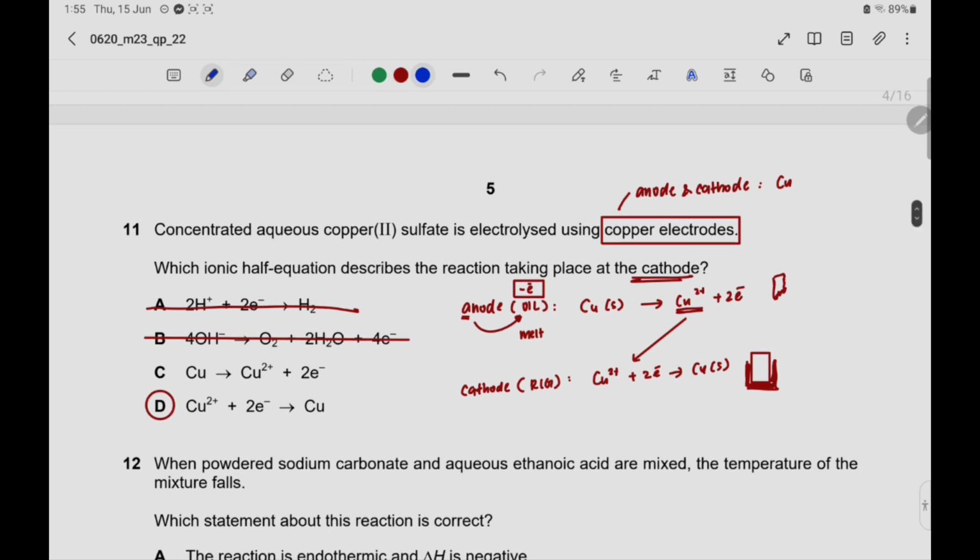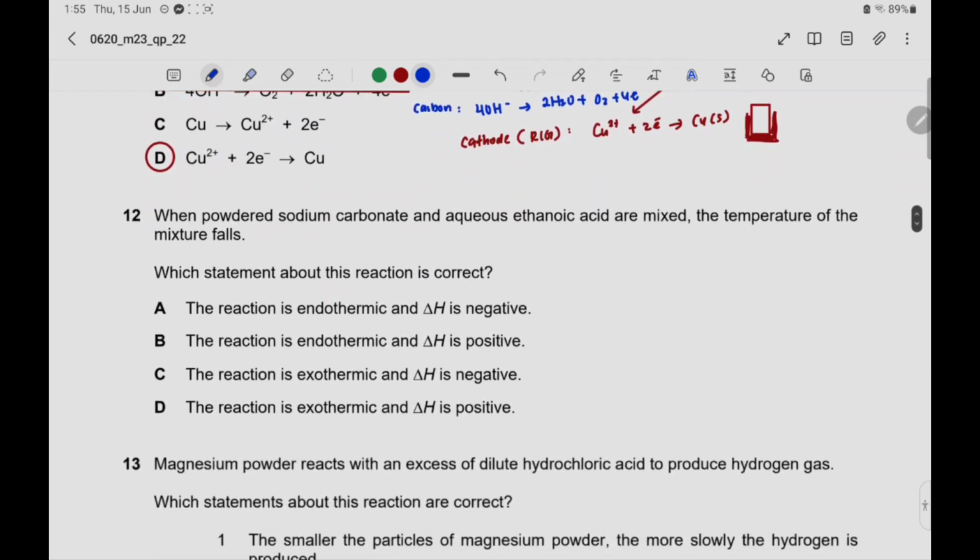But if you are using carbon electrode, the only thing that will change is at our anode. You will just have H+, OH-, Cu2+, SO4 2-. So you will choose the 4OH- rather than SO4 2-, so it turns into 2 water plus oxygen plus 4 electrons. Okay, let's proceed to the next.